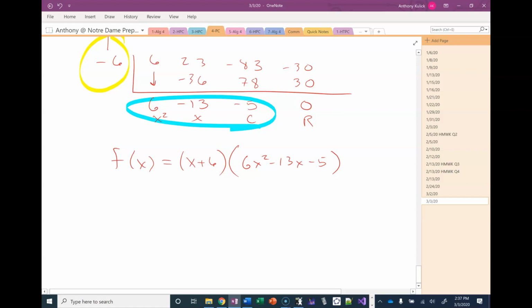So since I've got this factor down into linear and quadratic pieces, to find the zeros, I'll just take this function and set it equal to 0. And then I can set each piece equal to 0.